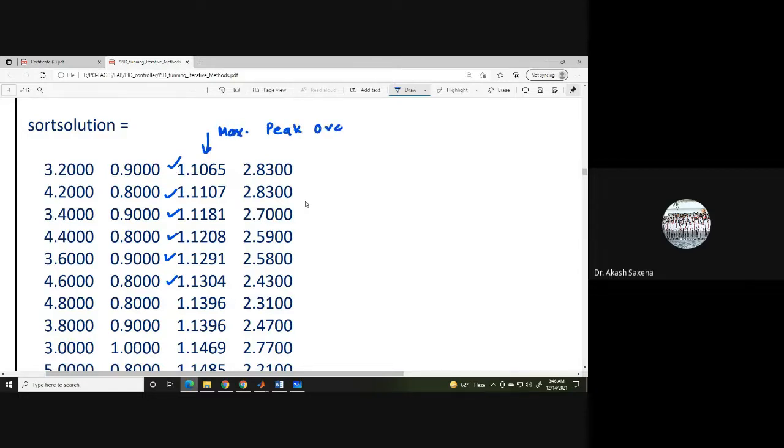So what you will do, you are having this plant actually, and you are having this compensator for different values of k and a. But you want to keep the maximum peak overshoot between, let me see, 1.14 to 1.1.